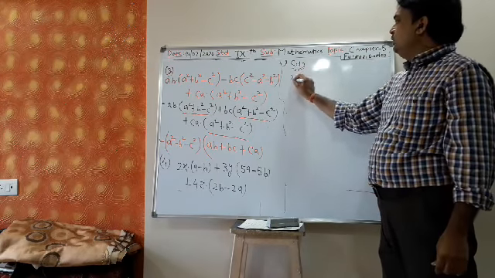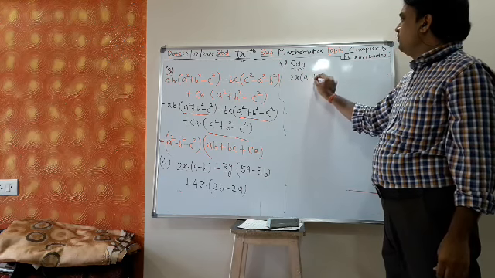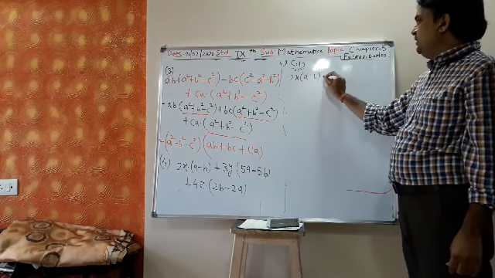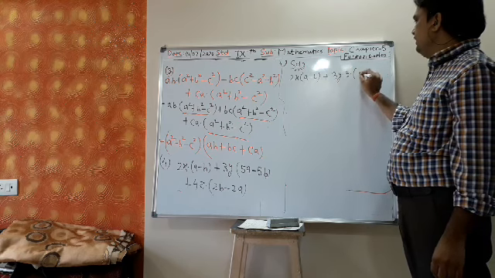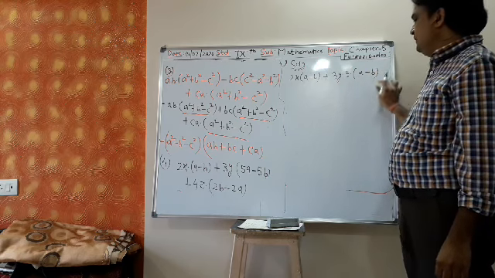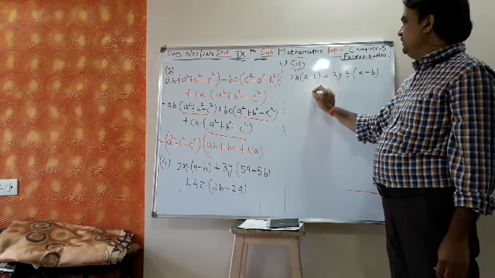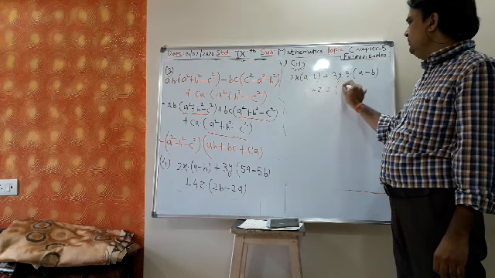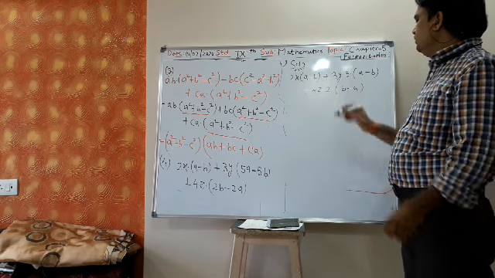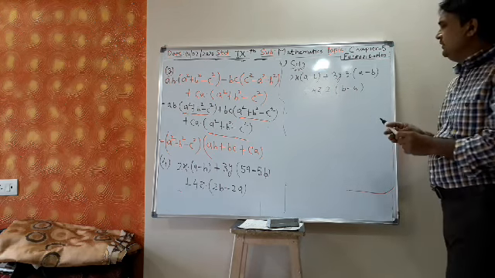So 2x into a minus b, then plus 3y, 5 is common, I will take 5 outside, a minus b, plus 4z, 2 is common, b minus a.